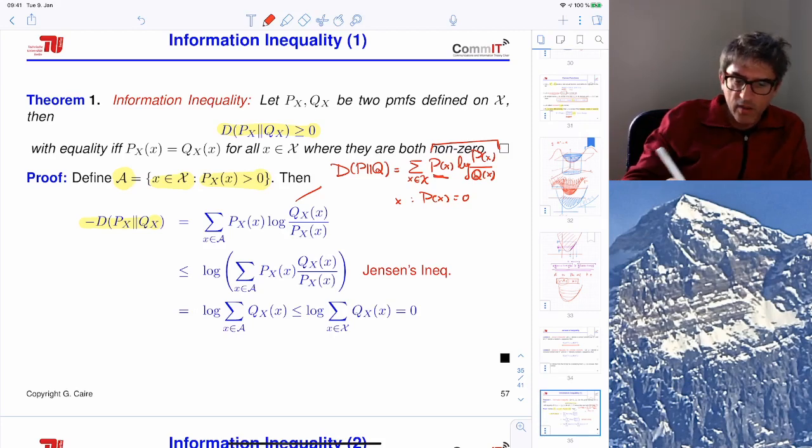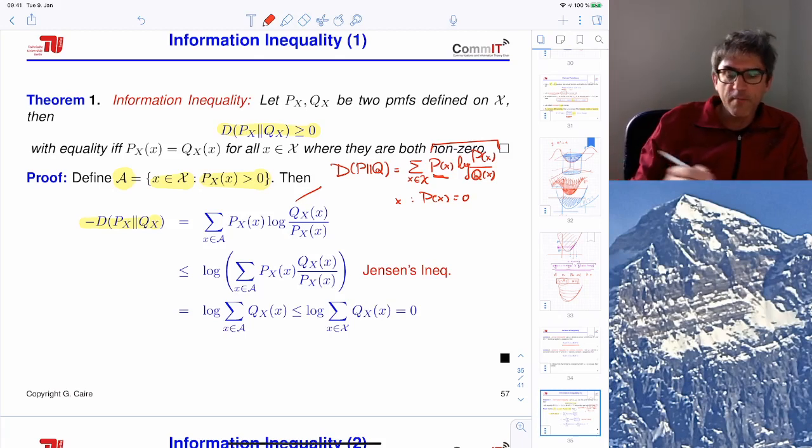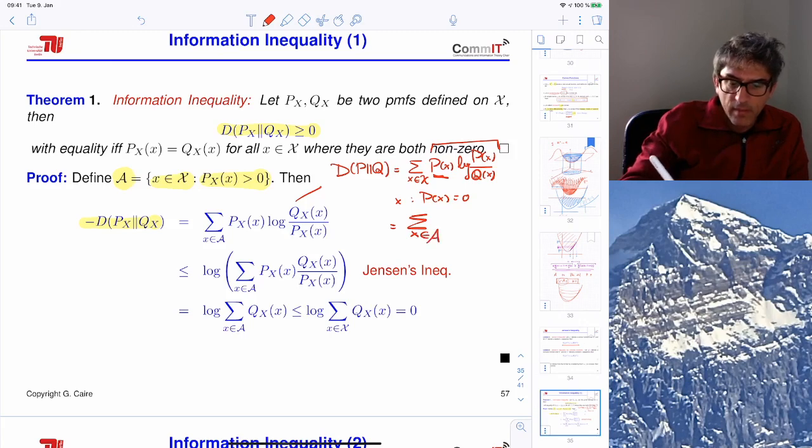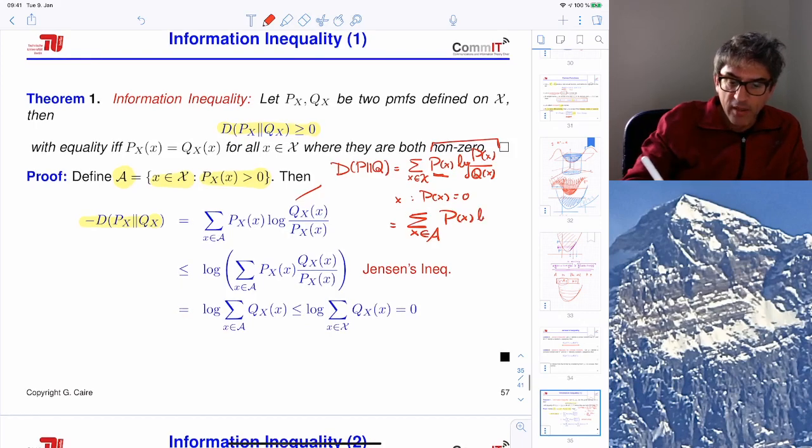So when for some x's p is 0, the term p log p is also 0, okay? And which means that this sum can be restricted to the terms in A, because all the terms that are not in A have p of x equal to 0 and do not contribute to the sum.